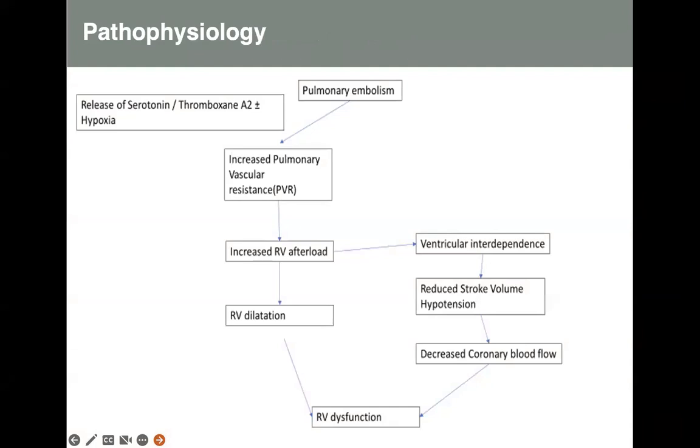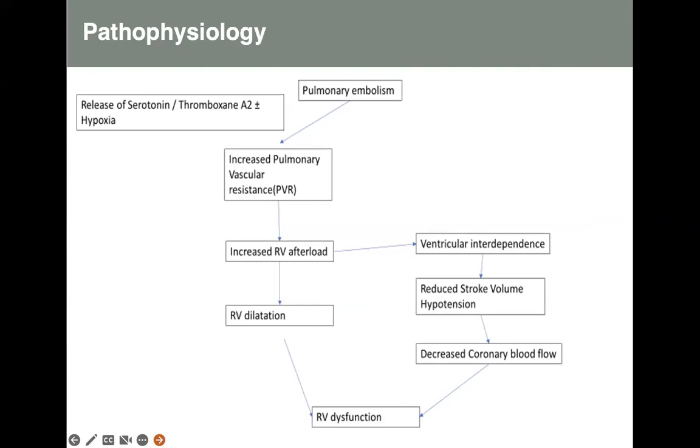So, the pathophysiology of pulmonary embolism. What happens when you have a pulmonary embolism? As we have seen, the most common cause of embolism is a thrombus, and the thrombus itself contains a lot of platelets, and this can cause release of chemicals, serotonin and thromboxane A2, which cause pulmonary vascular constriction.